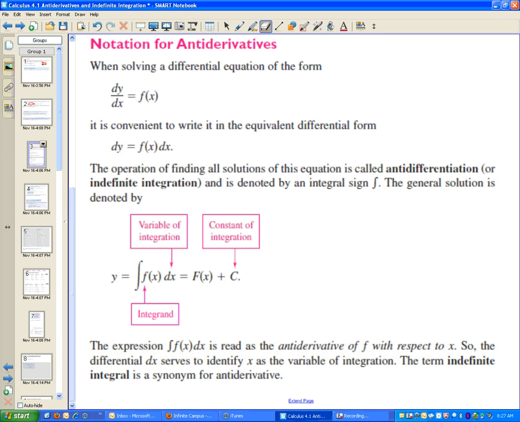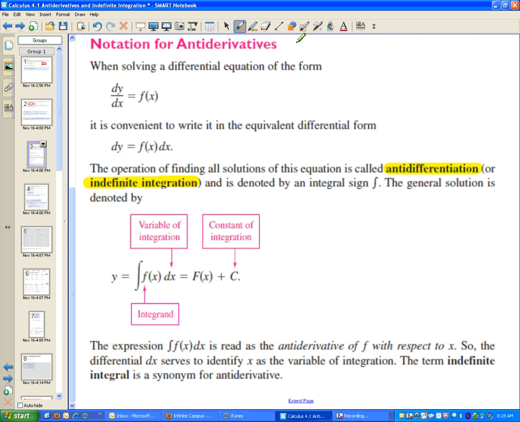All right, so the operation of finding all solutions of this equation is called antidifferentiation or indefinite integration. The term antidifferentiation and the term indefinite integration, and there's something called definite integration as well, so the word indefinite matters, are the same idea. Finding an antiderivative and finding an indefinite integral are the same idea.